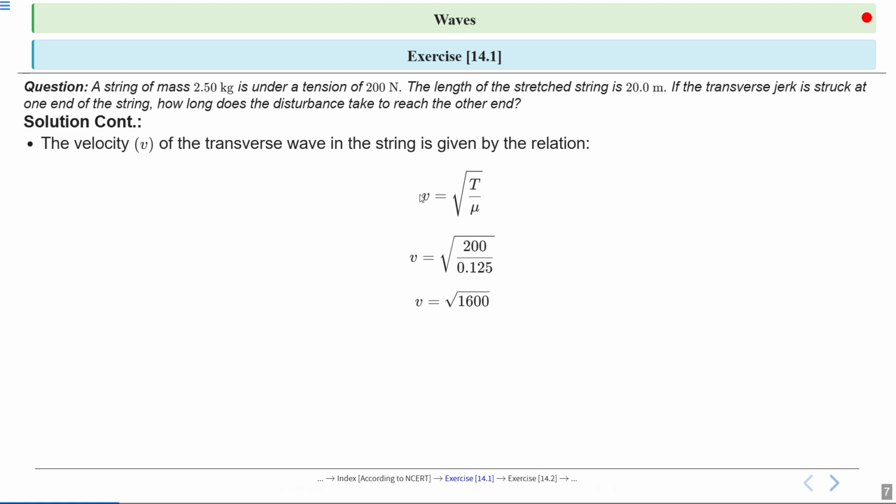After dividing 200 by 0.125, we got 1600. Now we take the square root of it, so v equal to 40 meter per second. Alright, so this is the velocity of the wave in the string.